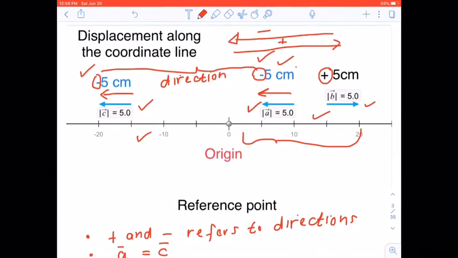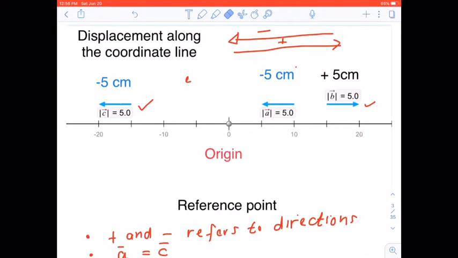Like I said, here you have the displacement. So we've got the displacement on the negative side here, and on the positive side of the reference line or the coordinate line, they have the same direction, right?